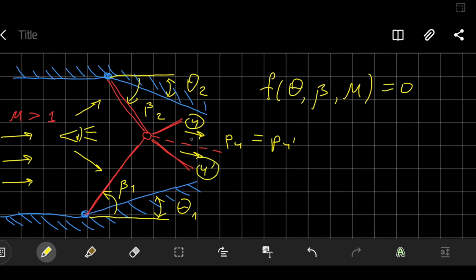And the second, the direction of the flow is the same, so the angle phi4 defined on the upper part would be equal to the angle on the lower side.